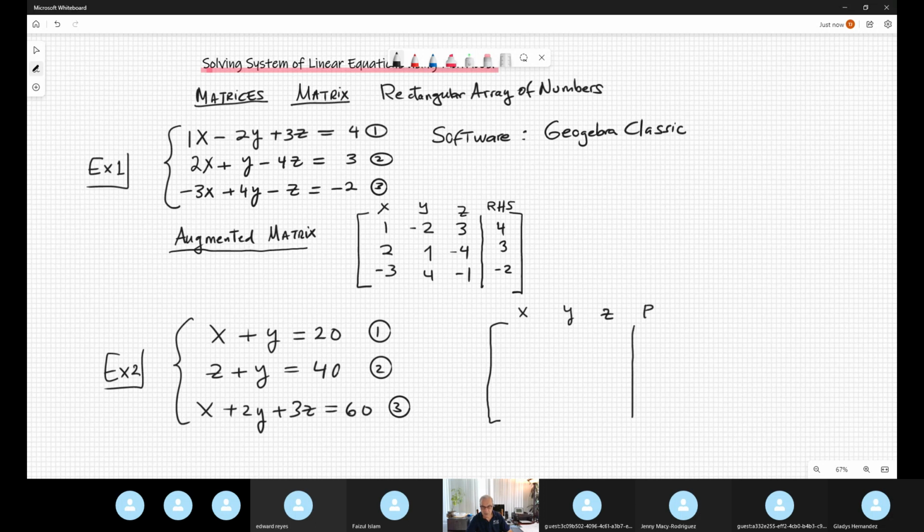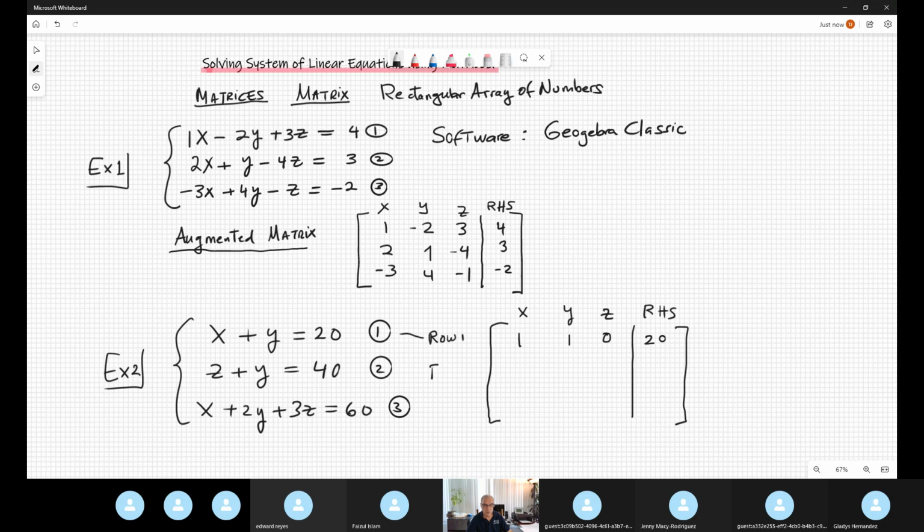In the first equation, equation number 1, the coefficient in front of the x is 1. The coefficient in front of the y is 1. It's missing z, so you put 0, and the right-hand side is 20. This is my first row, row 1, which represents equation 1.